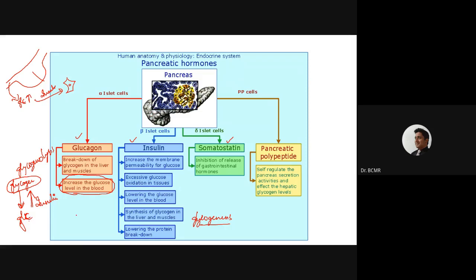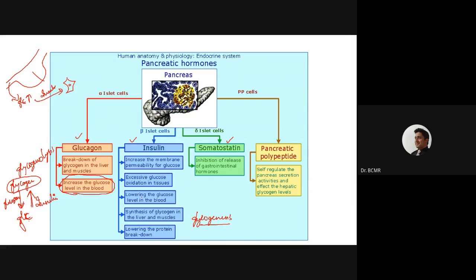That is glycogenesis. What glucagon does is the reverse of it. It breaks down the stored glycogen and allows the production of glucose, which might be secreted into the blood and transported to different cells for consumption.